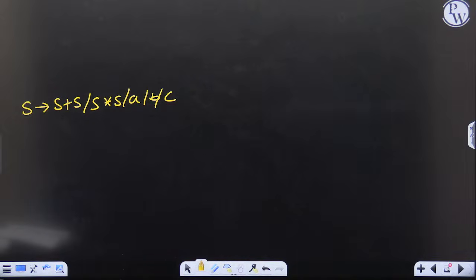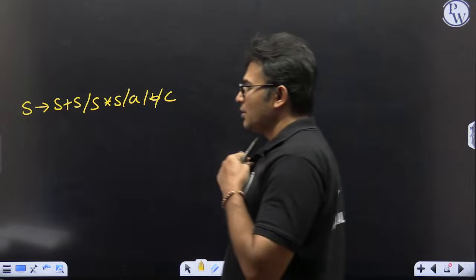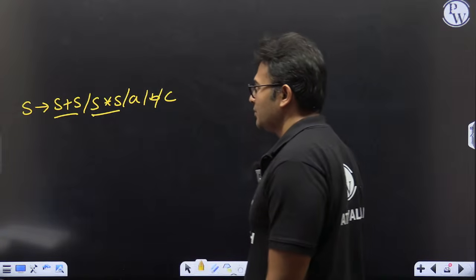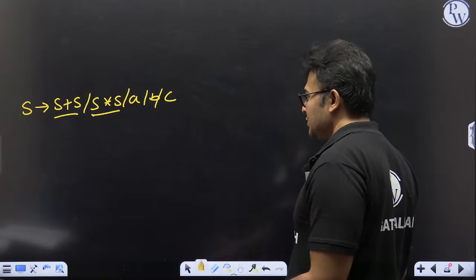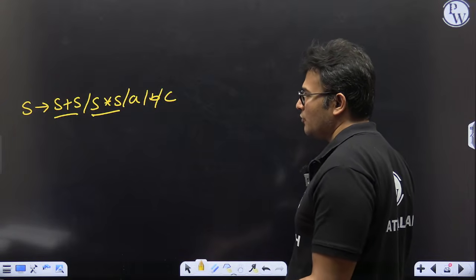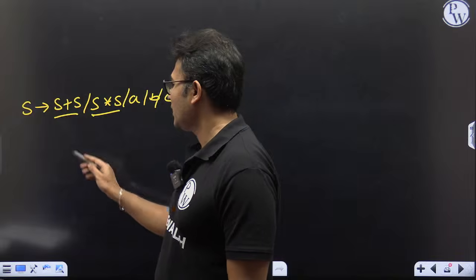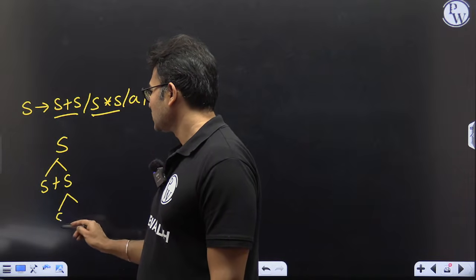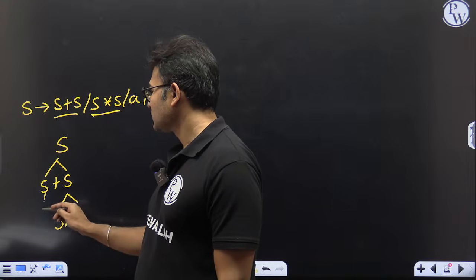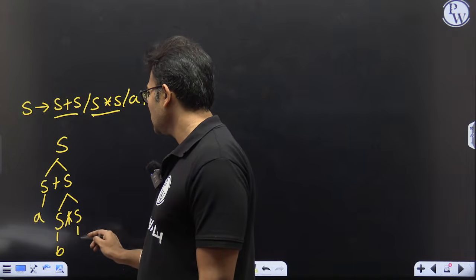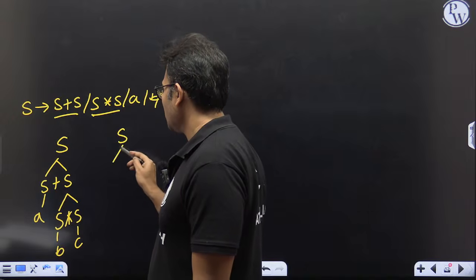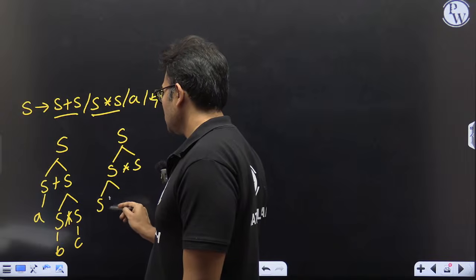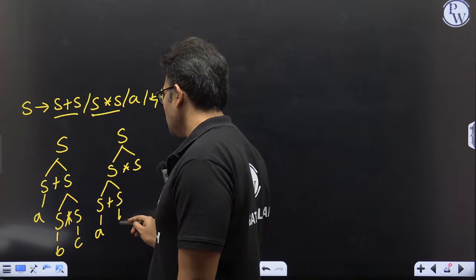Very good. This is ambiguous. So in compiler design, we will see how to get the unambiguous grammar for this. If I have S derives S plus S, S star S, this is going to derive a, b, let us say c.